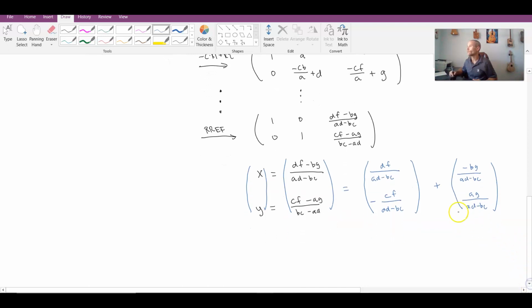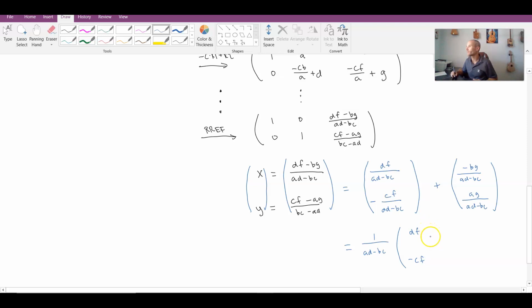Next, I can see that all four of these pieces have a 1 over AD minus BC in them, so I'll factor that out, which leaves me with DF here and negative CF here.